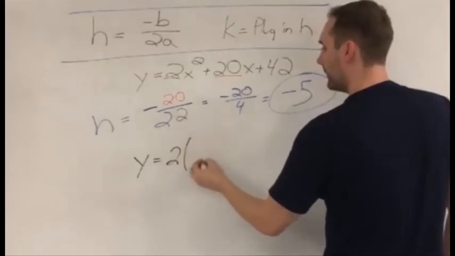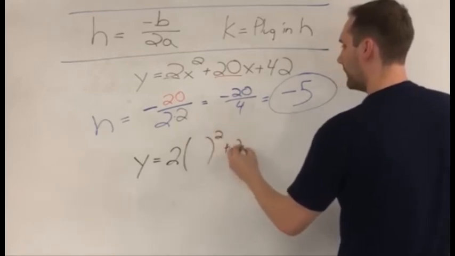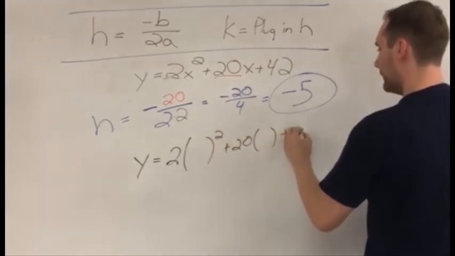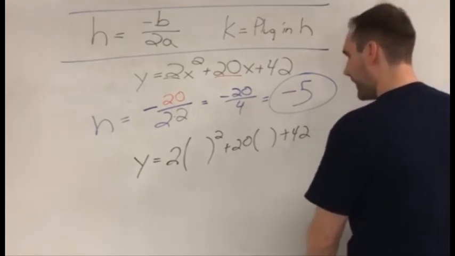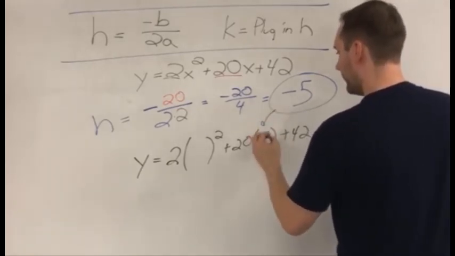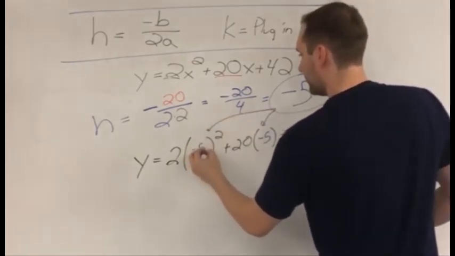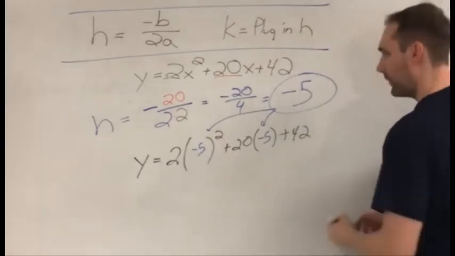Quadratic. So 2 times x squared plus 20x plus 42, where in the place of x, I'm going to plug in my negative 5. Alright, let's simplify.